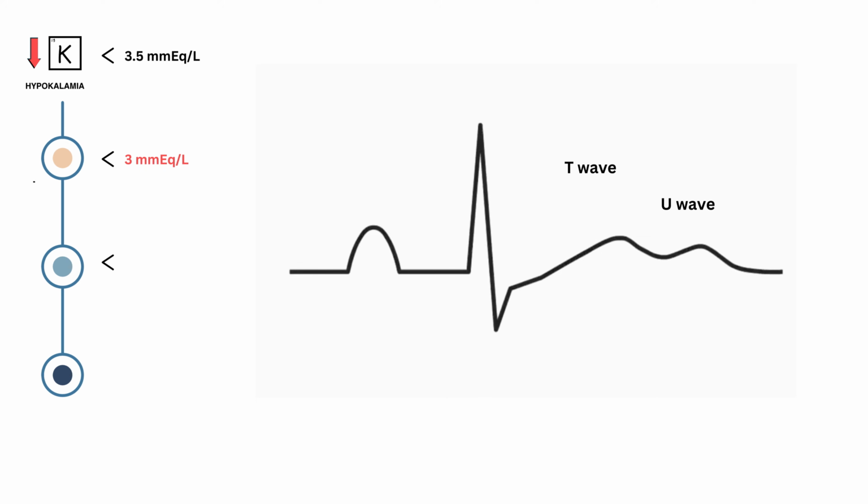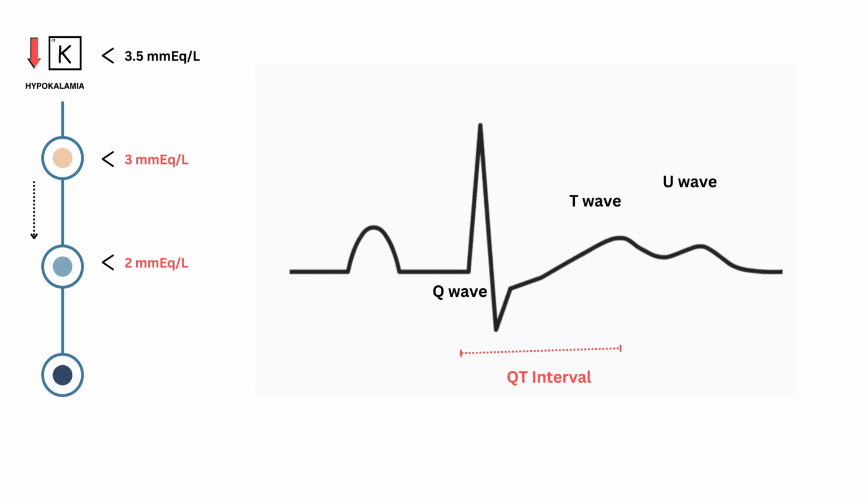When your potassium levels drop even further, like to 2 milliequivalents per liter or lower, the changes in your ECG can get more pronounced. For instance, the U wave, which is normally smaller than the T wave, can start towering over it. And the QT interval, which measures how long it takes for your heart to fully relax and refill with blood after it contracts, can get prolonged, meaning your heart might take longer than usual to recover between beats.